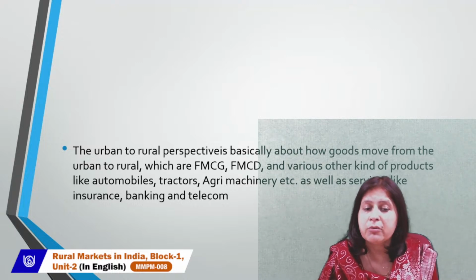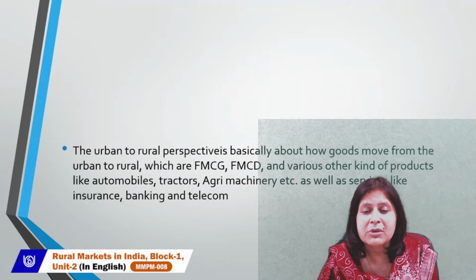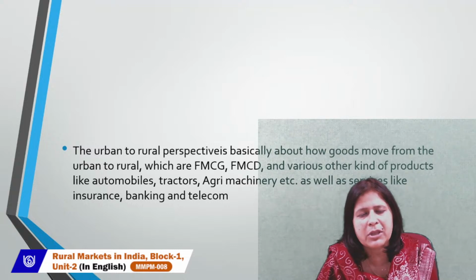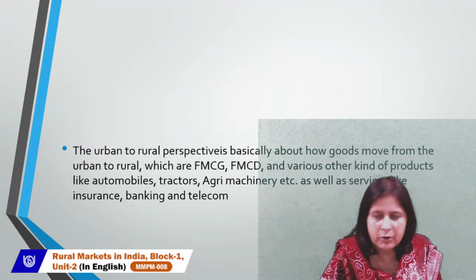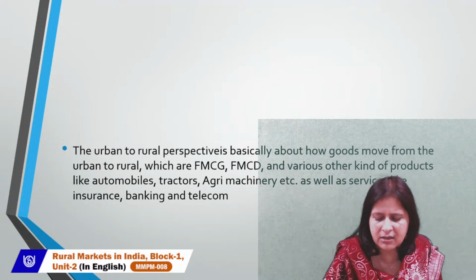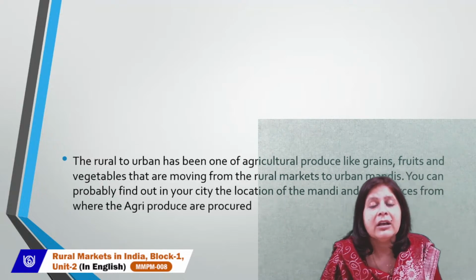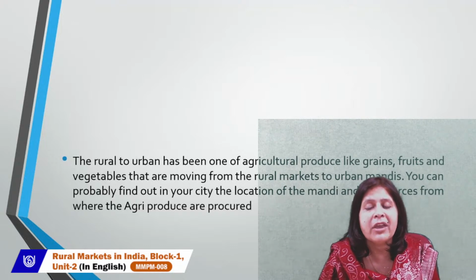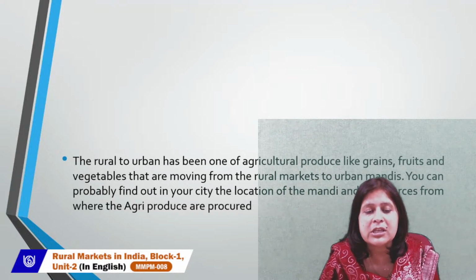From the urban to rural perspective, that is basically how the goods move from the urban area to the rural areas. This could be FMCG or FMCD products, like agri machines, tractors, and many other things, right?